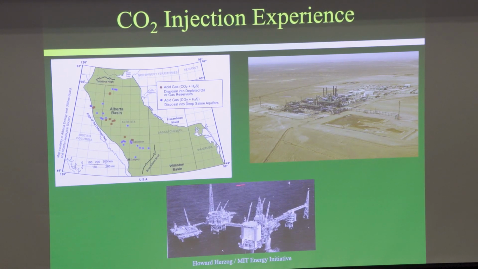I also mentioned Sleipner in the North Sea. You can see here the platforms, and this is the working platform where they capture the CO2 and then re-inject it through pipes, and that's been operating for about 25 years now at about 1 million tons per year, going into a formation.